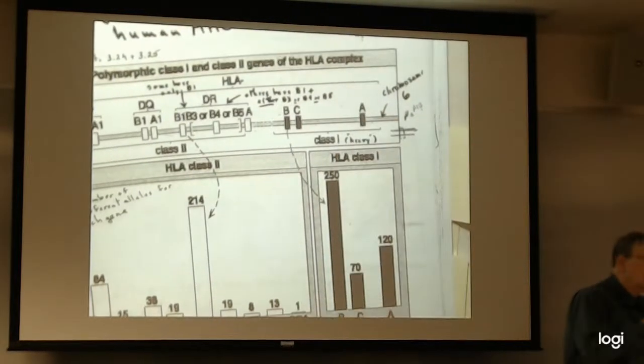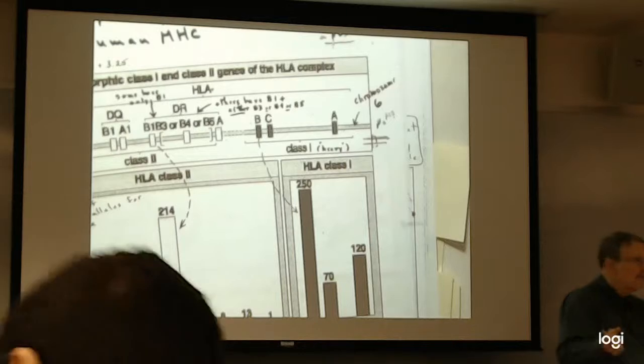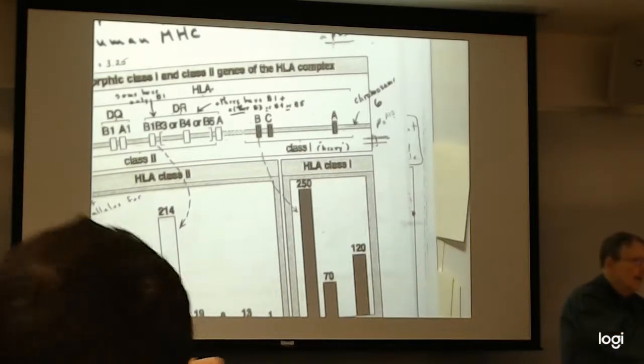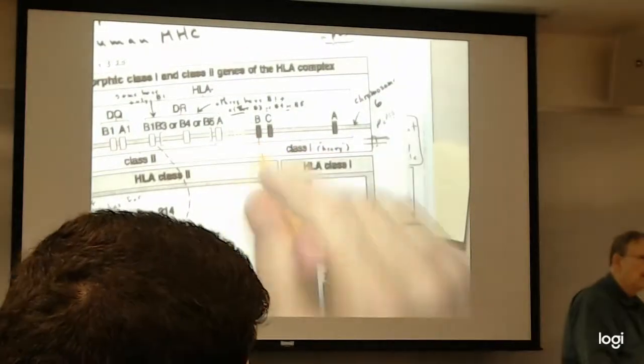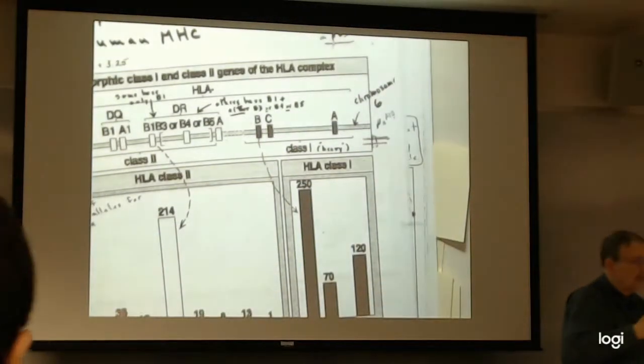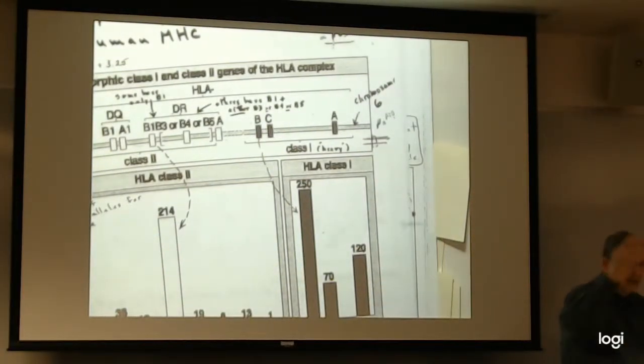So, any two, male and female, come together to fertilize an egg, make a zygote. That zygote's probably going to have a different A gene from the mother as compared to the father. So that's good because you can present more different peptides. Okay.